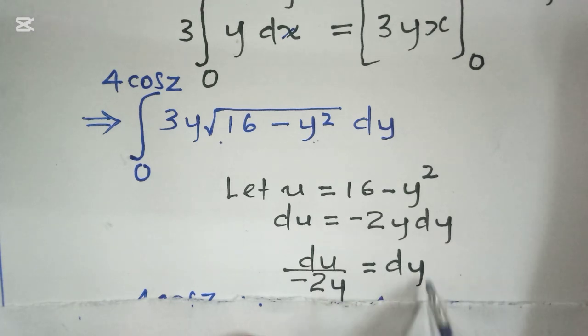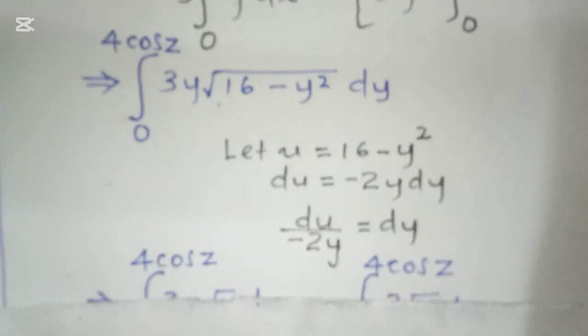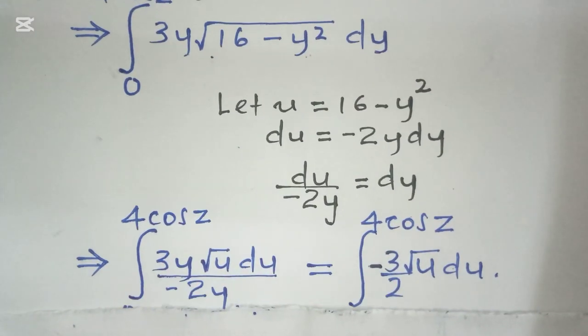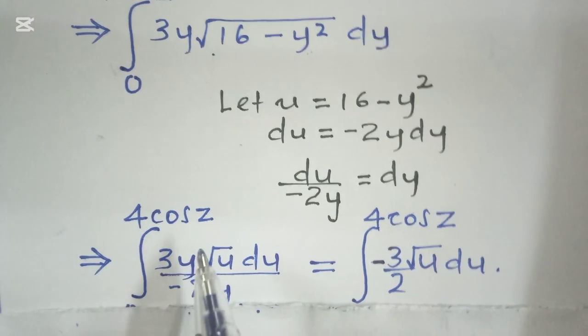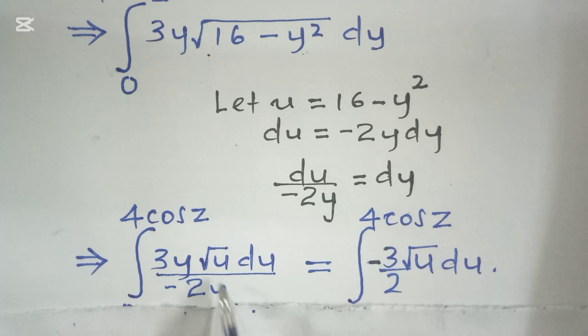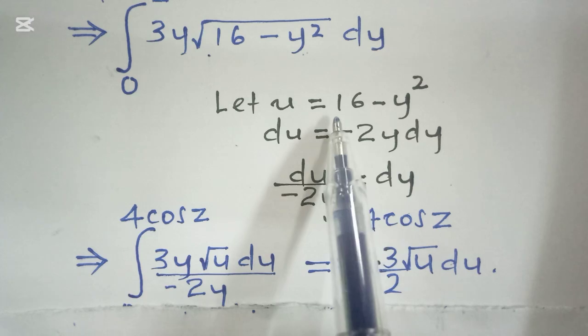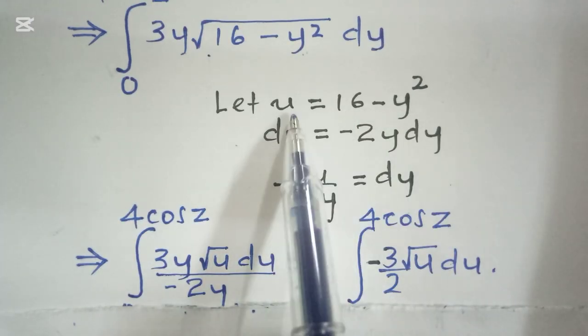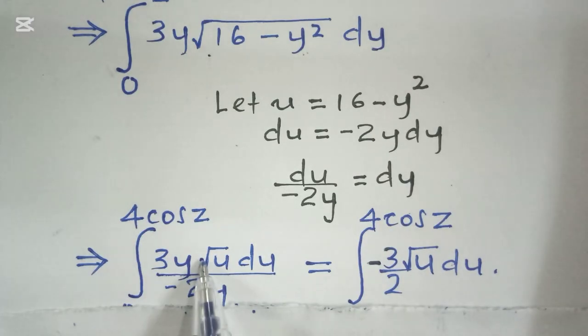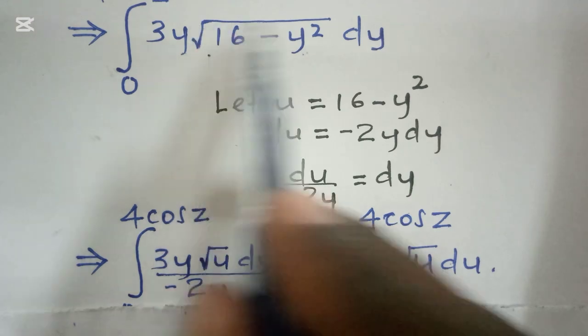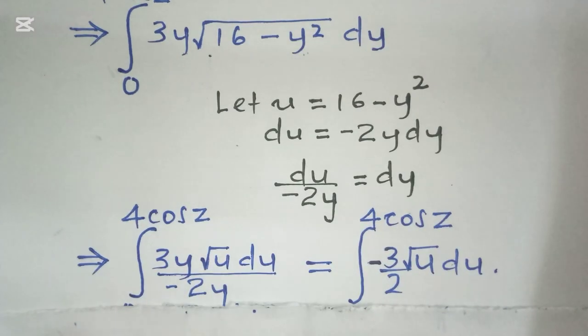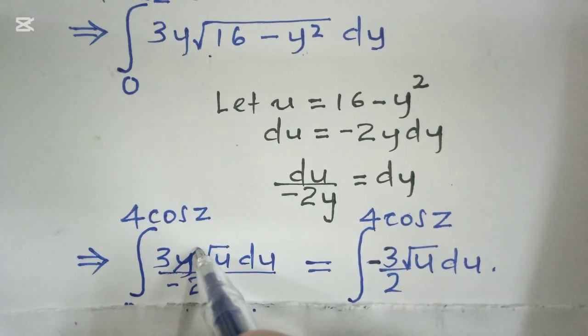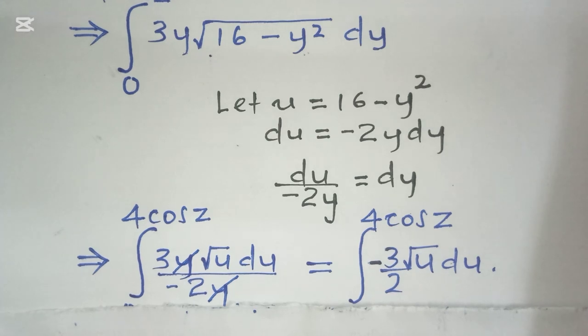So instead of putting dy, guys, we put this. So we have this, where already we have put the du all over minus 2y. We have now what we have substituted with, that is u, but guys, we have this as a square root here. So we find that this y is going to cancel.